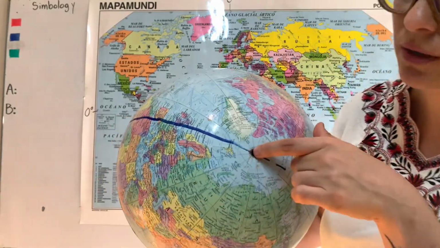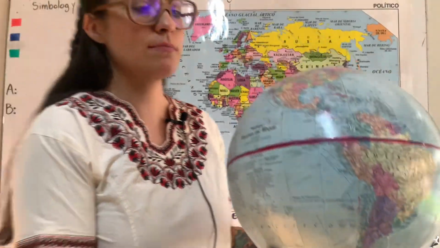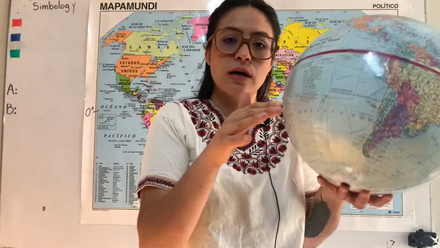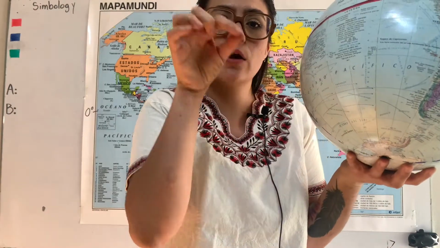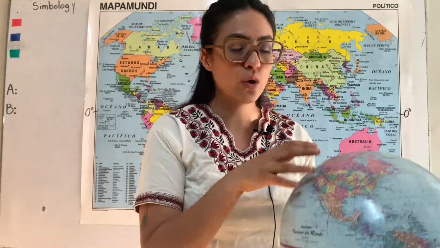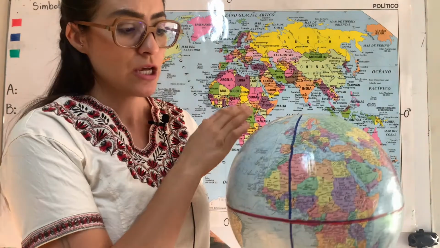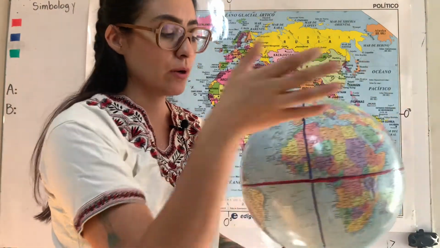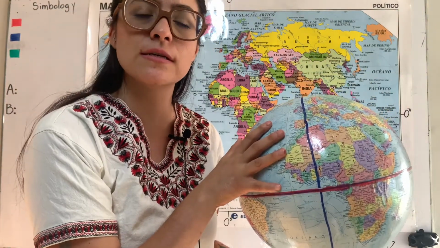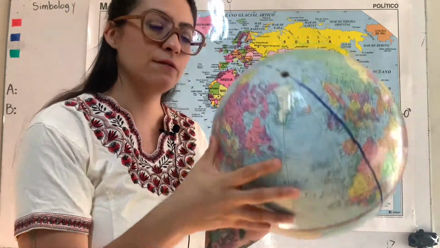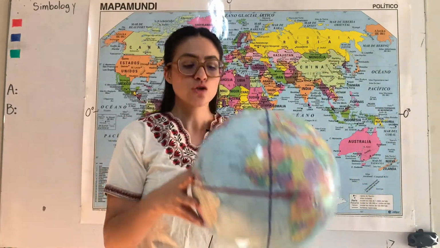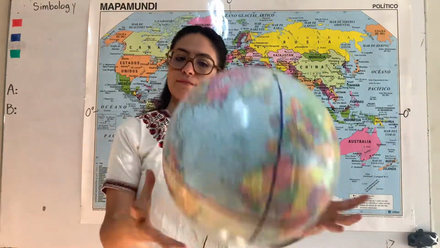Just in the North Pole and the South Pole, they touch. So that means that the meridians are getting closer and closer until they reach the poles. So 180, 180, and we have the 360 degrees that form a sphere. So that is when we have a globe.